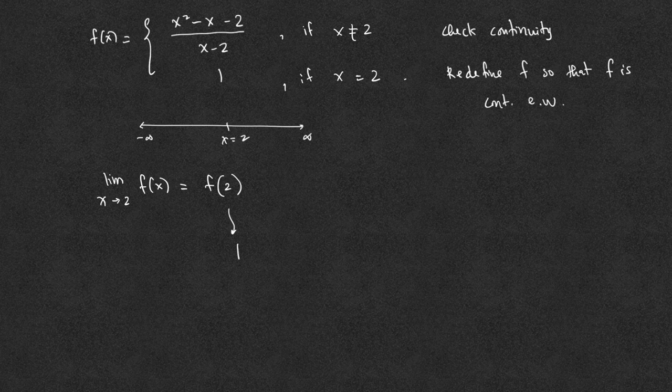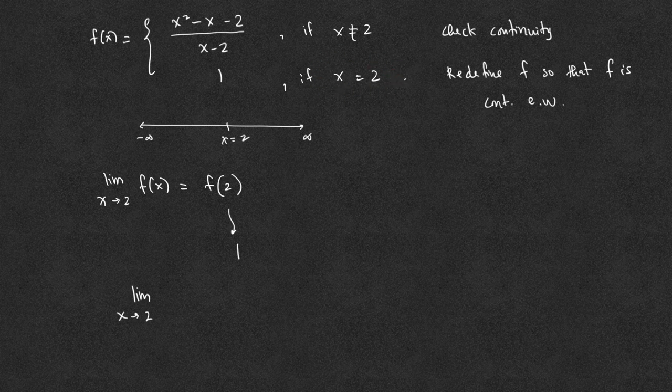For the limit, we only consider what happens to the function as x approaches 2. As x approaches 2, we have to use the first part because the second part is only at one single point at x equals 2.